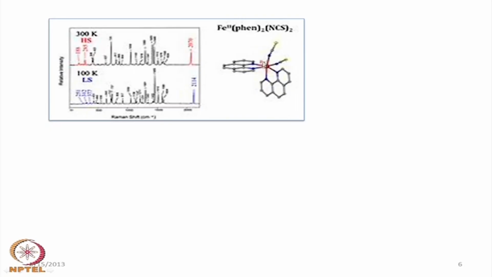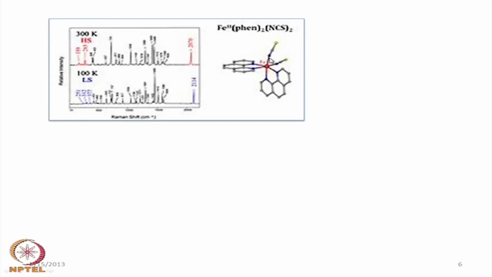So, as we move to the high spin, the Eg levels are getting occupied. The interaction of that Eg electron with our NCS ligands is different, and the stretching frequency changes, which means some of the electronic charge is being pushed to the orbitals of the thiocyanate groups.